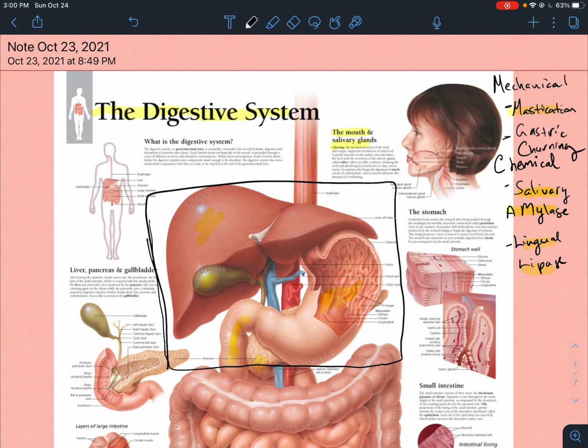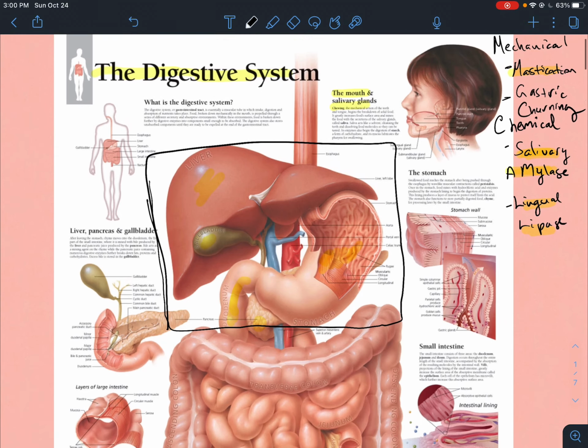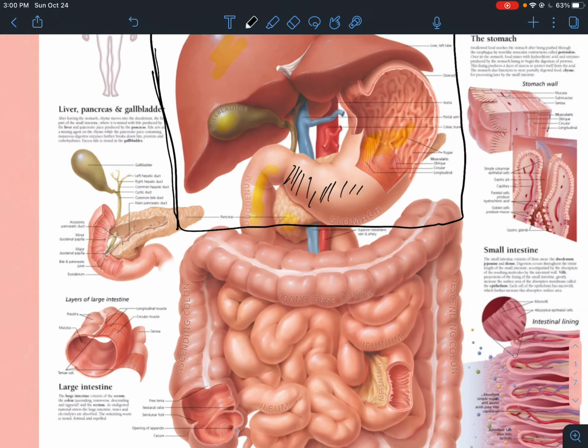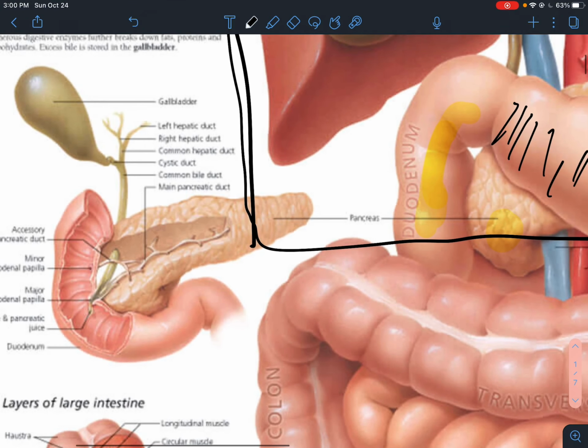One thing you do want to notice is that you have the stomach that is somewhat in front of the pancreas. So you do have to remove that stomach in order to see the pancreas in its entirety, which is being shown in this picture right here, for example.